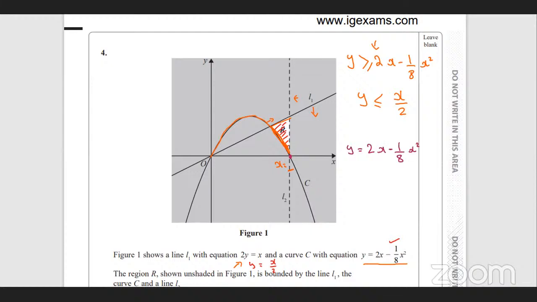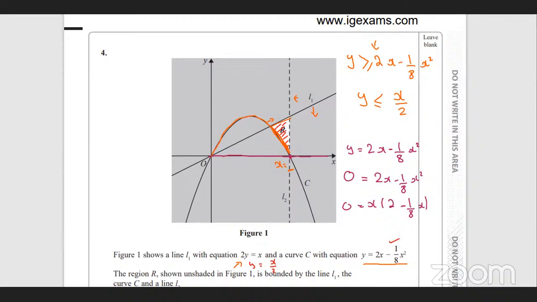I can use the value of y as 0 because on the x-axis, on this line which I'm shading in purple, the value of y is 0. So 2x minus 1 by 8x square, I can take x common and I will get x times 2 minus 1 by 8x.